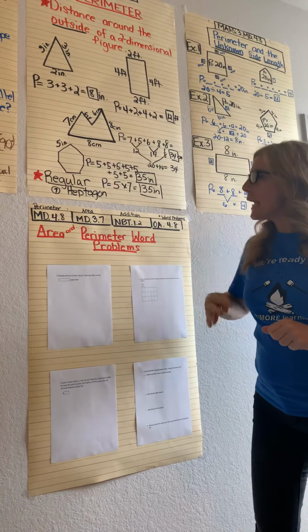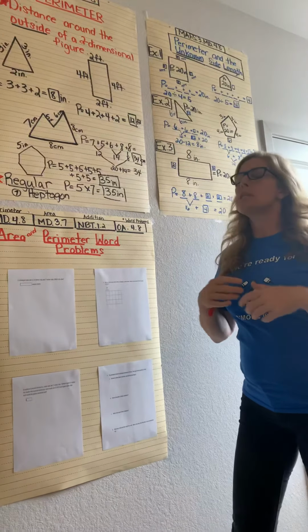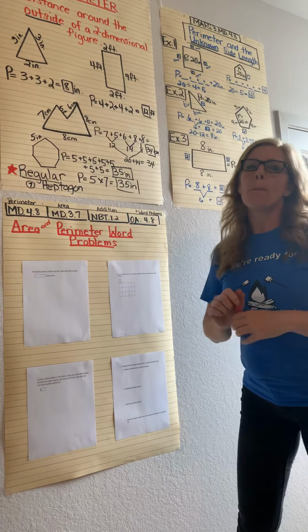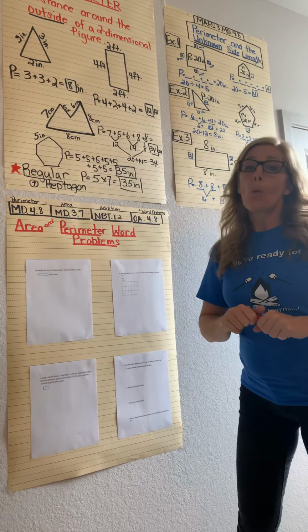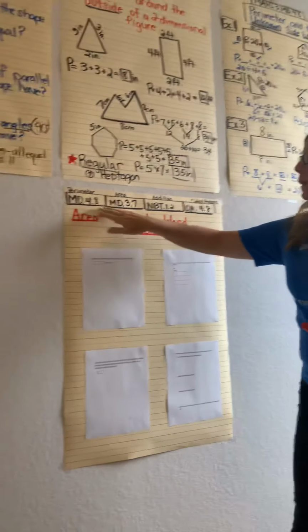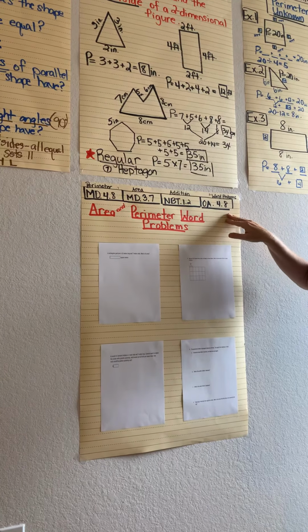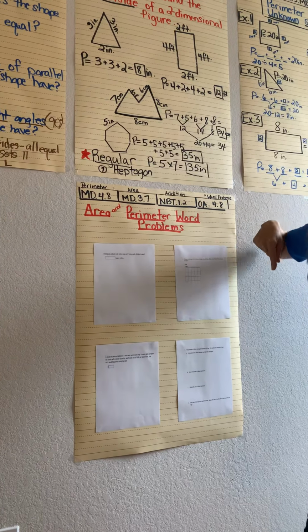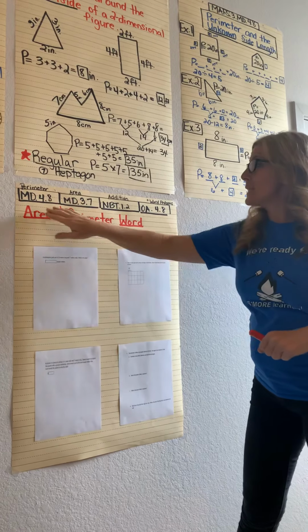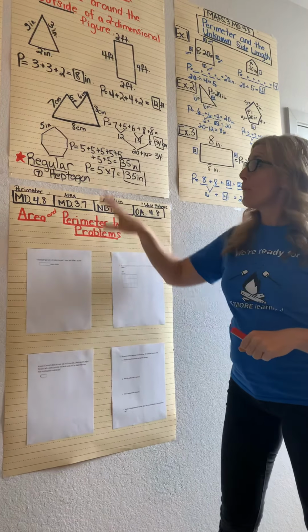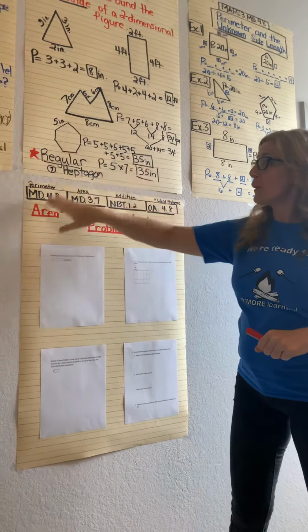Today what we're going to do is bring it all together. We are leaving Module 7 with a bang. If you look up here, I put a lot of standards. I couldn't even fit in the MAFS 3rd grade because I had so many standards. Today's work is going to cover perimeter, measurement and data 4.8.